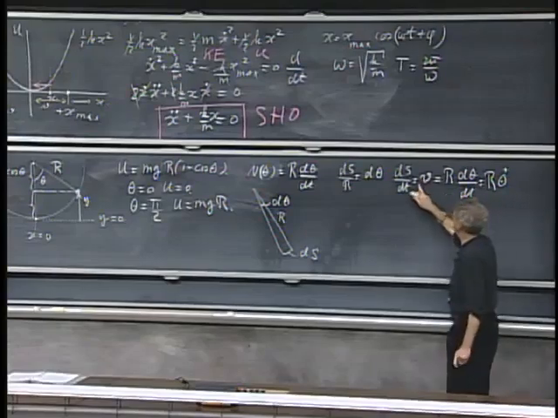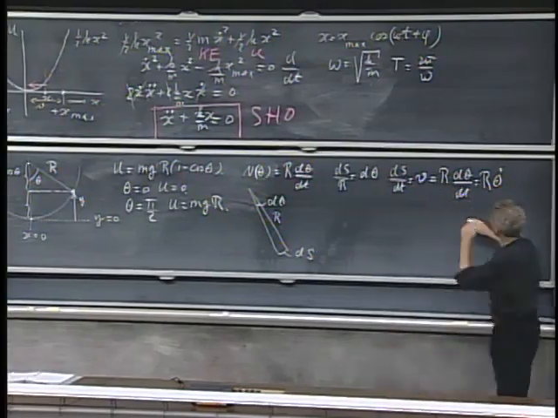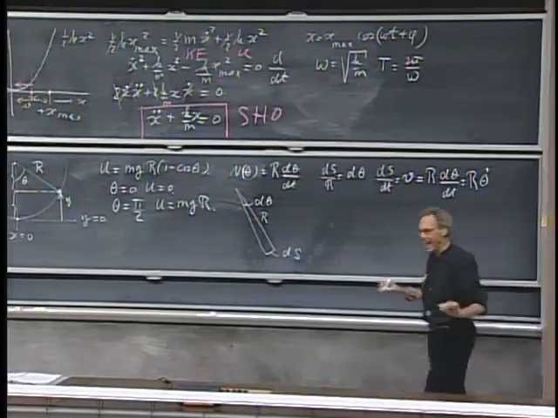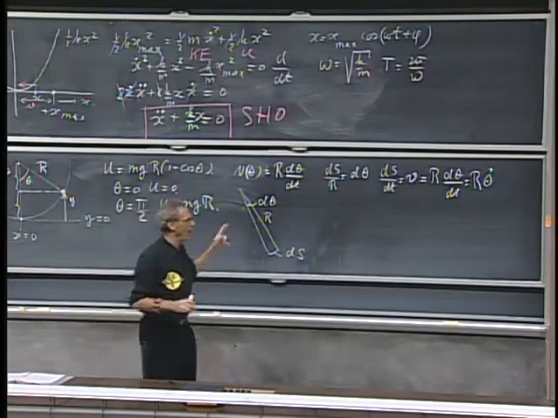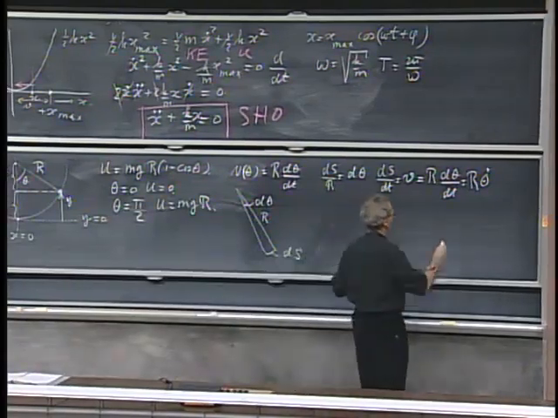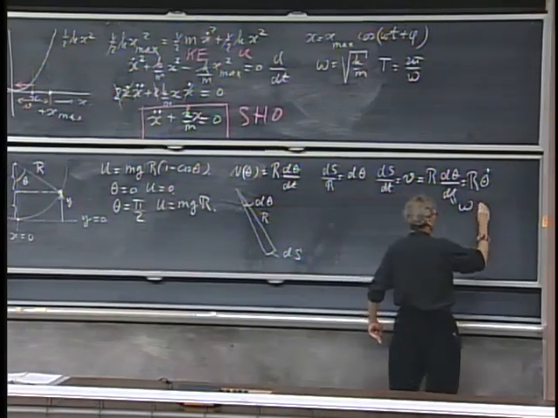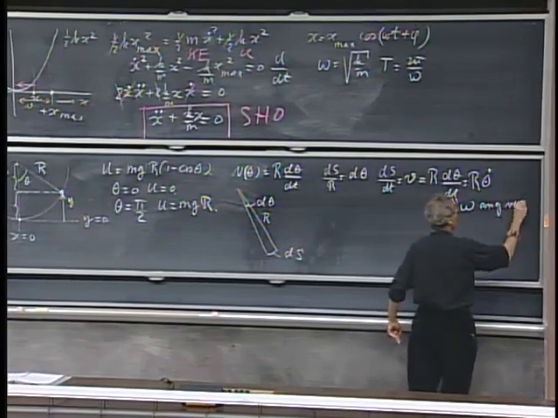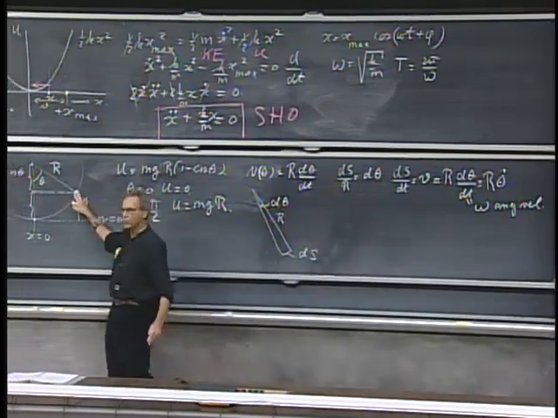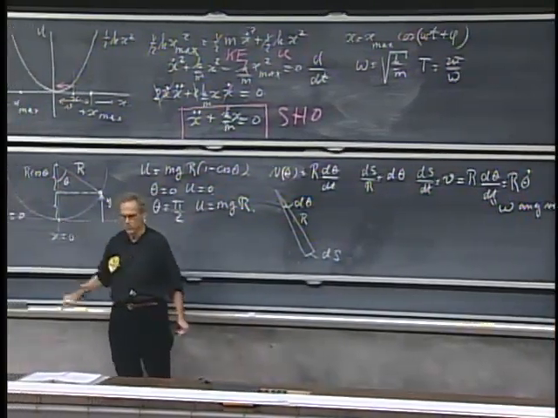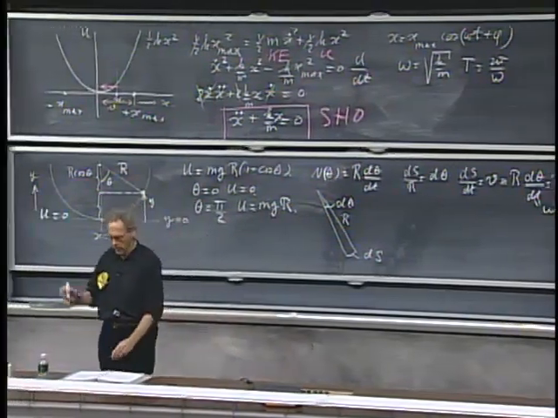The d theta dt is sometimes called omega, which is the angular velocity. But keep in mind that in this case, the angular velocity omega is changing with time. The angular velocity is 0 when you release it, and is a maximum when it goes to the lowest point.